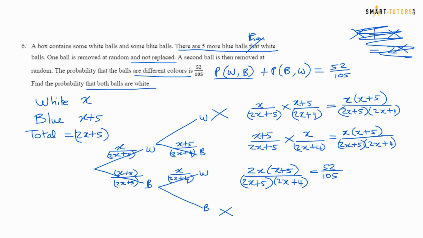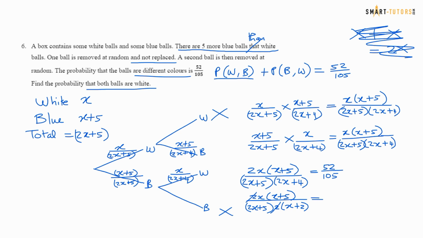So let's do a little bit of tricks here. Here 2x plus 4, I'm going to factorize here. So 2x times x plus 5 and here 2x plus 5 and here 2 out, x plus 2, and factorize that. 2 cancels with this 2.